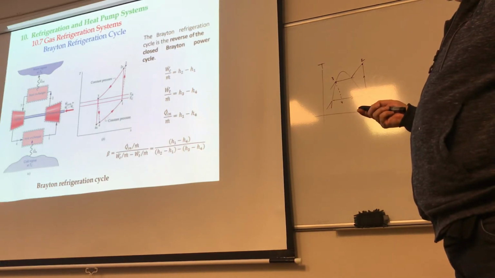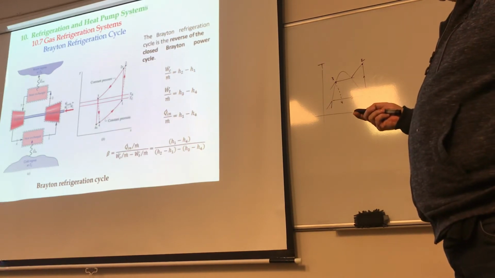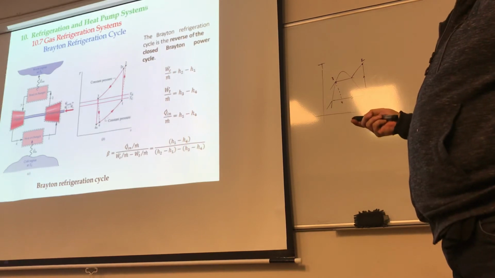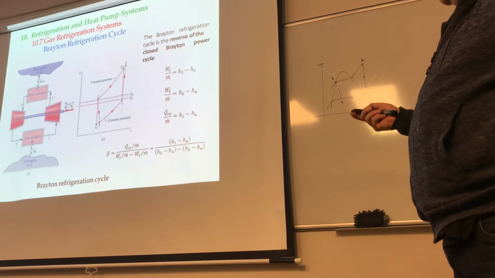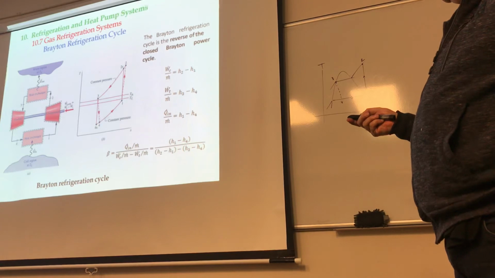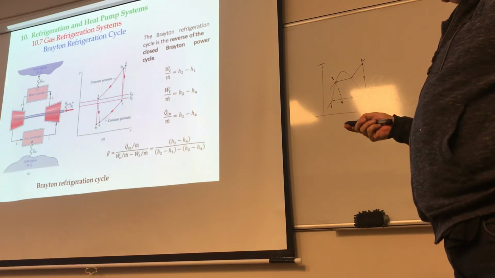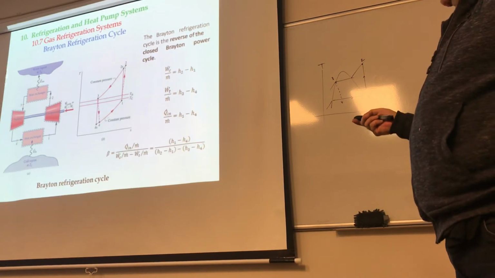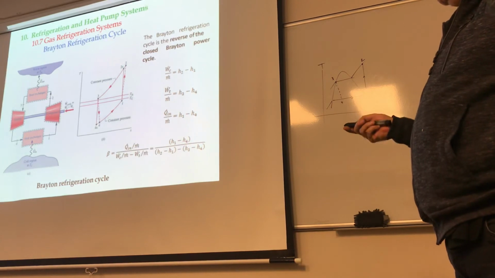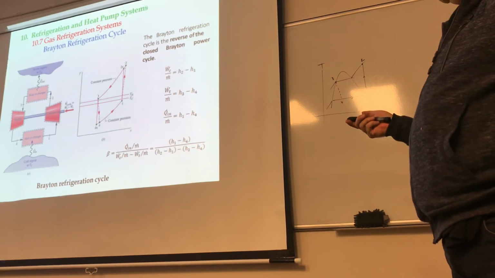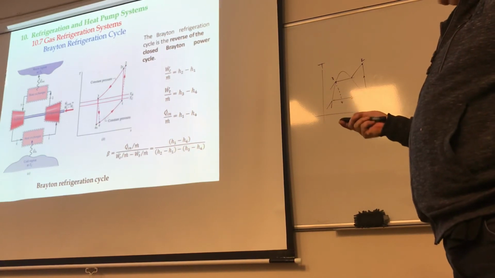Again, it's all a function of the H's, right? H2 is going to be higher than H1, so it's H2 minus H1. What is the work of the turbine, right? Should be H3 minus H4. What is Q in here? It should be H1 minus H4, right? And what is Q out for that matter?